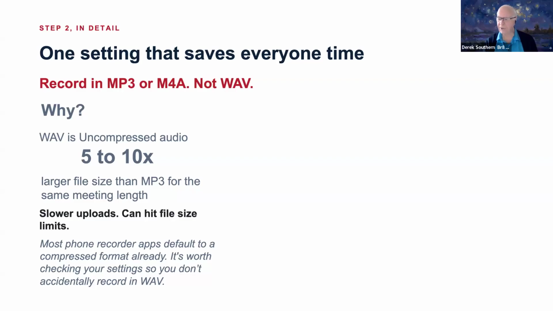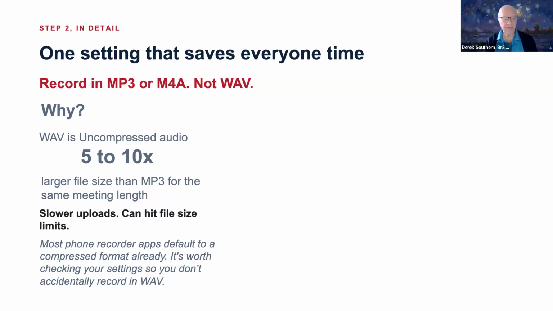I did accidentally record a meeting one time in WAV, and it came out at about 700 megabytes. That's a big file. And it's almost impossible to share with people. What I did was converted it down to an M4A. No, I converted it to MP3, and it was about 60 megabytes, which is still a fairly big file, but it's much easier to share and work with.